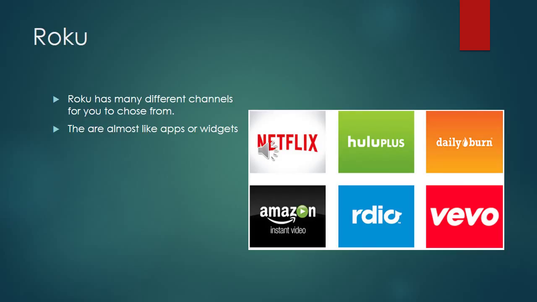The channels are almost like your apps or widgets in the way that you go through the store and you pick them out and you put them on your page. There's tons of them, just a few listed on the screen here, from TV shows to ESPN3. There's games on there, all kinds of stuff that you can watch and view.